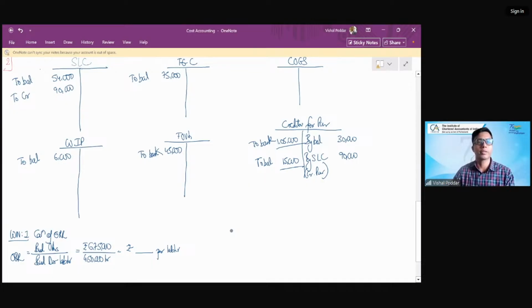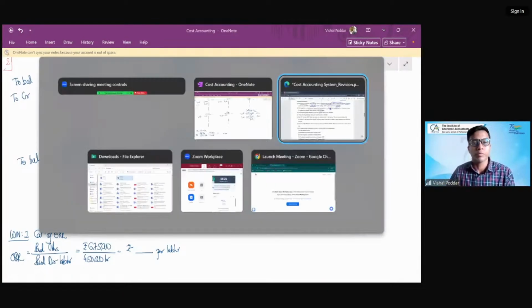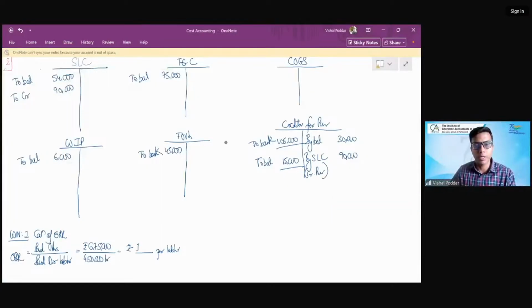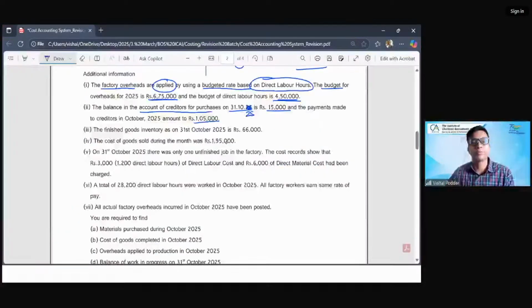Yes, Anurag, correct. So this represents my credit purchases posted to my SLC account. I forgot to write the rate. So this rate is coming as 1.5. Now, finished goods closing balance 66.